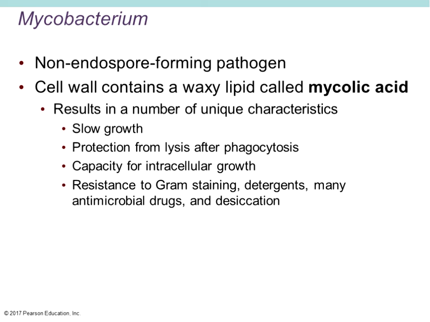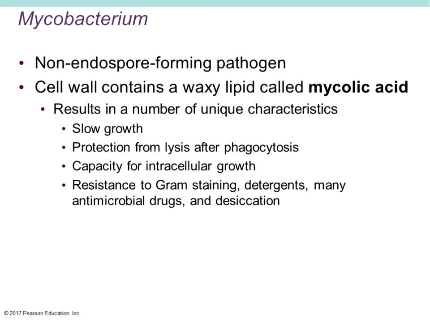Their walls are a little bit different. They don't have that gram-positive, gram-negative wall that we've been talking about with either the bacillus or the cocci. They have this mycolic acid, chains of carbon atoms.